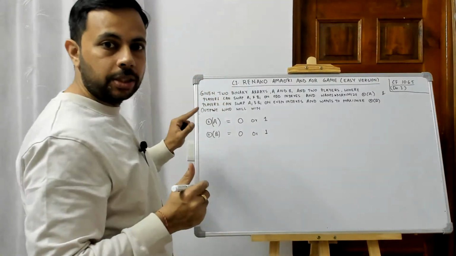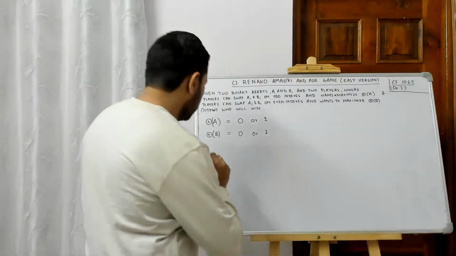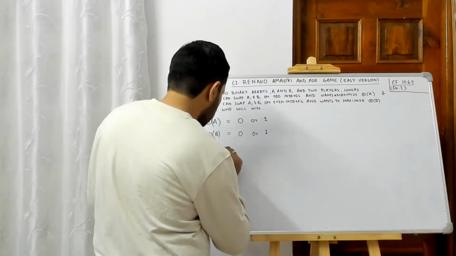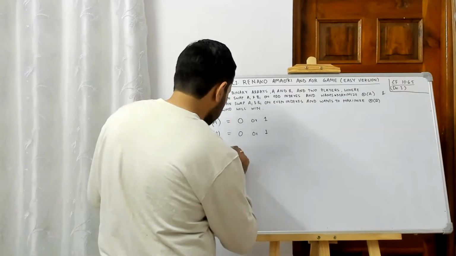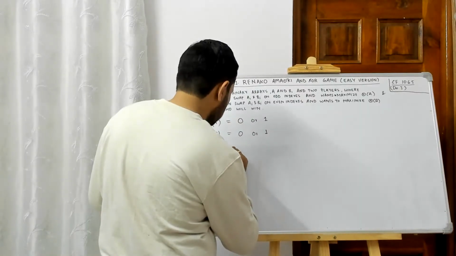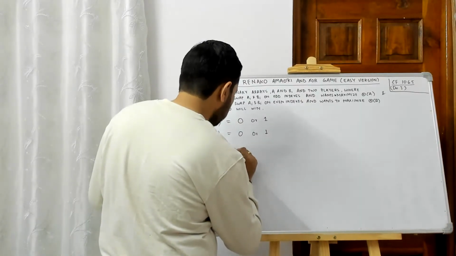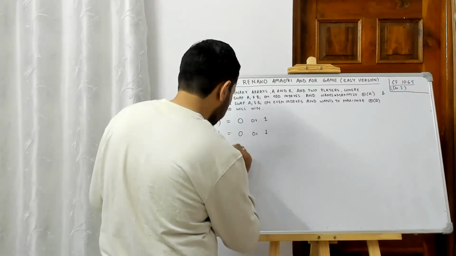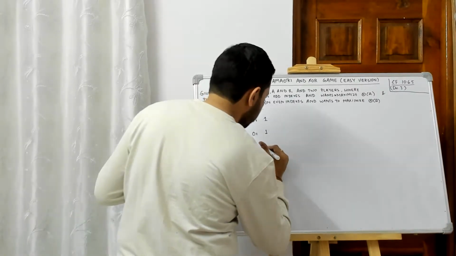XOR of A and B are going to be 0 or 1. And XOR of A, XOR of B is going to be constant.